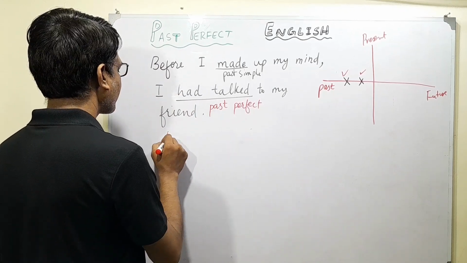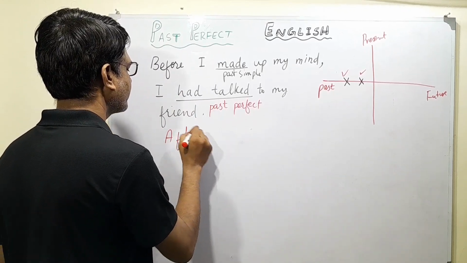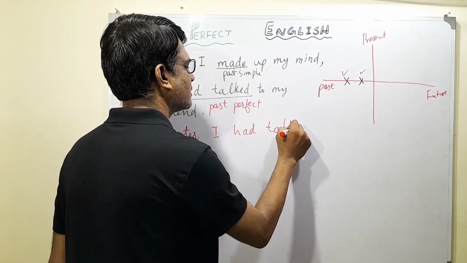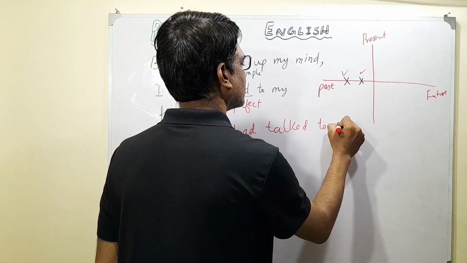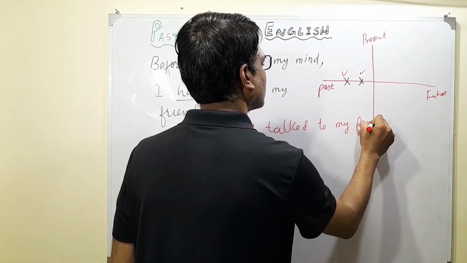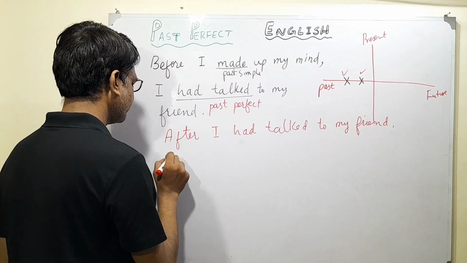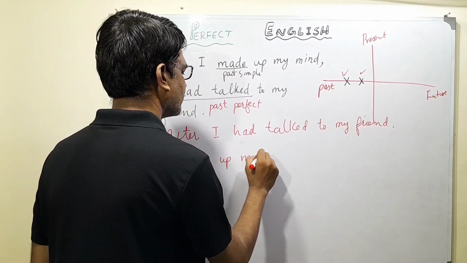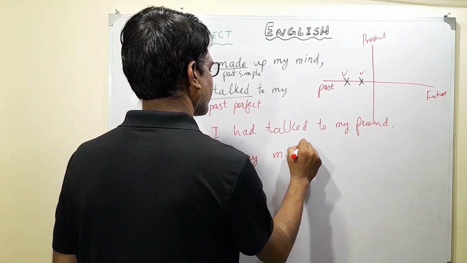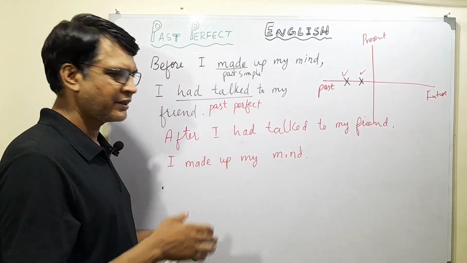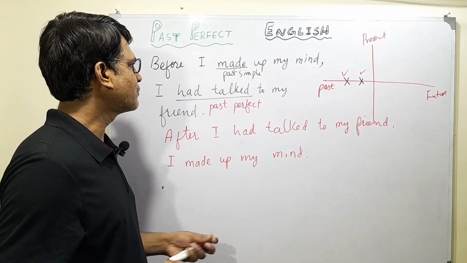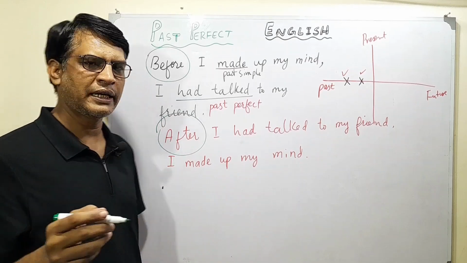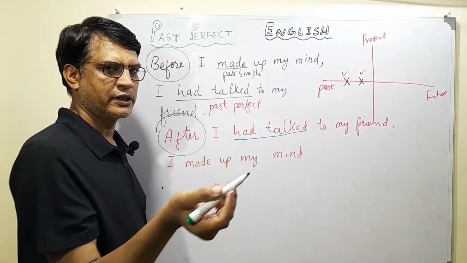The same sentence, I can write in that way as well. I can also say that after I had talked to my friend, I made up my mind. So the conjunctions that I'm using here, before and after, are going to tell us which tense would come first.